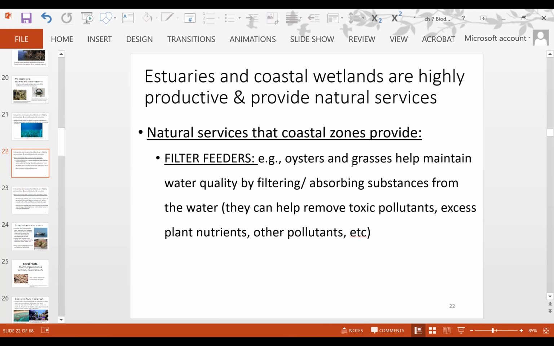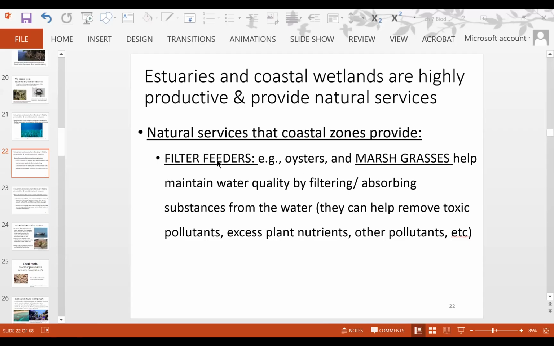So grasses will help remove toxins, and then the toxins accumulate in the grass tissue. And oysters are doing the same thing. They're filtering the water. That's how they get nutrients. But along with the nutrients, they are taking in pollution. But these processes help to clean the water.